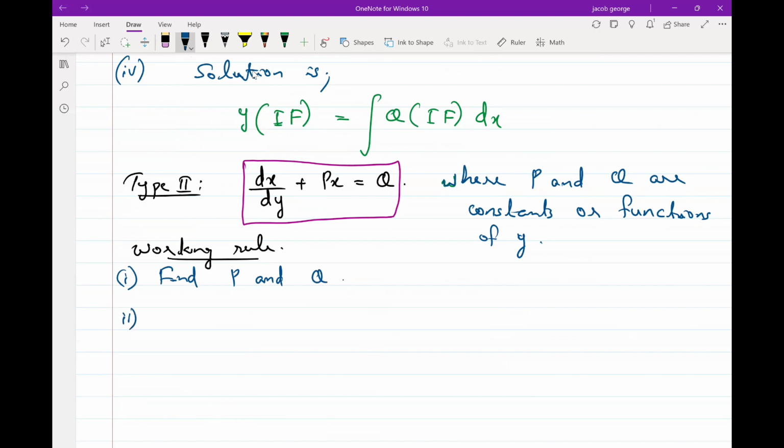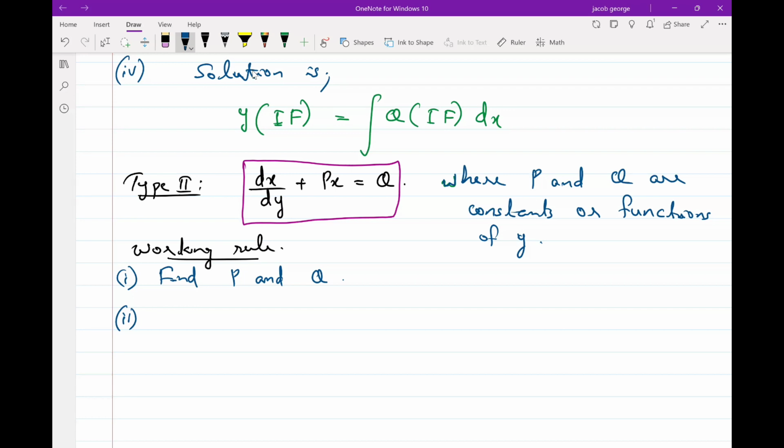Second step, find an integrating factor. Here the integrating factor, what will it be, can you say? Last time, it was e raised to integral p dx, because p was a function of x. Here p is a function of y.